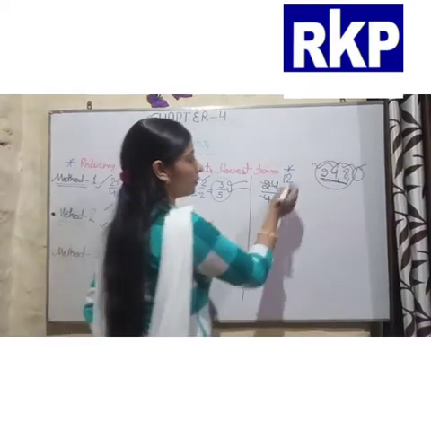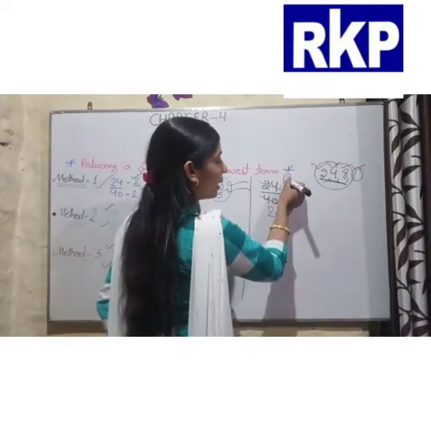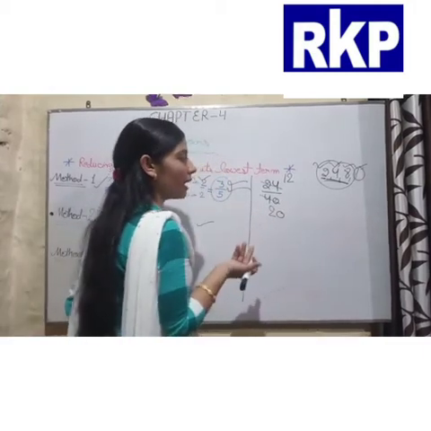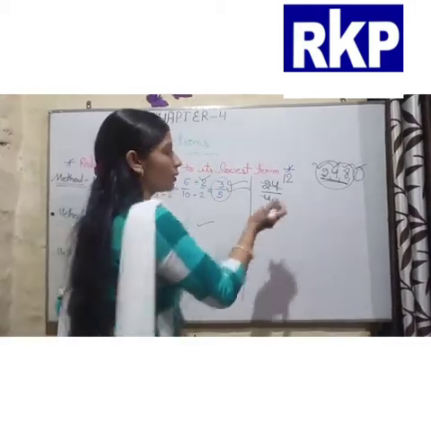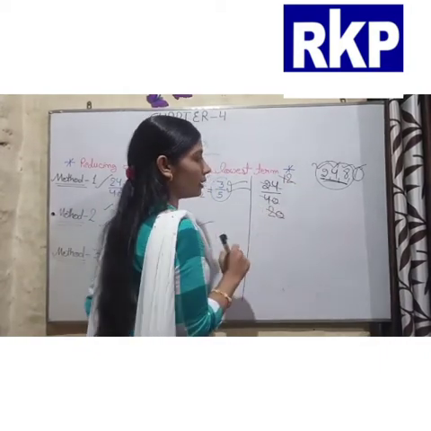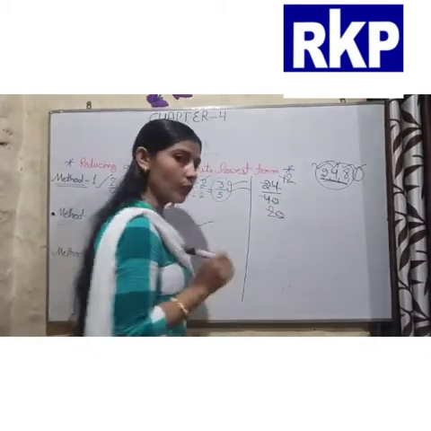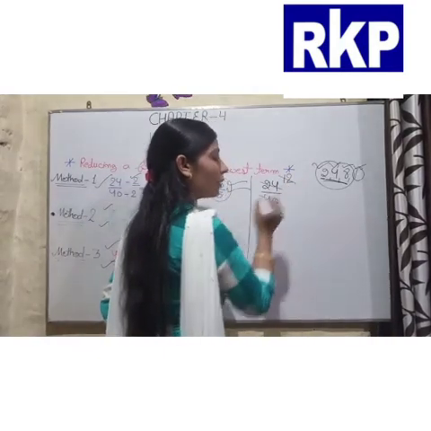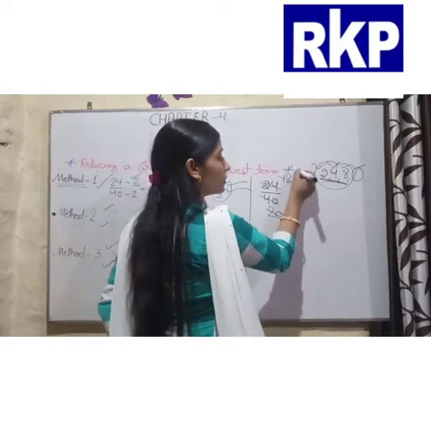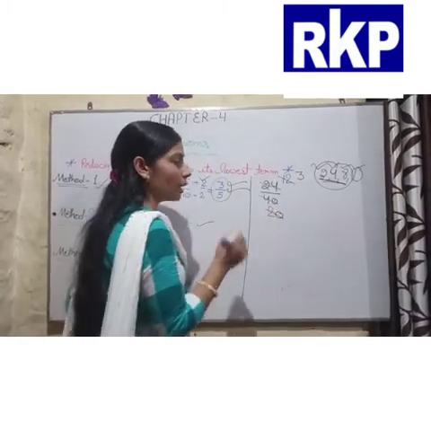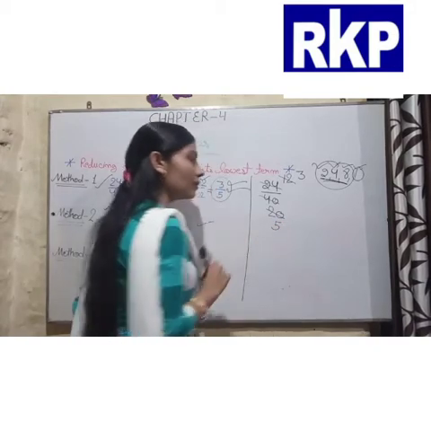Now again we can divide 12 and 20 by 4 or by 2. So let us divide 12 and 20 by 4. When we divide 12 by 4 we will get 3, and if we divide 20 by 4 we will get 5.